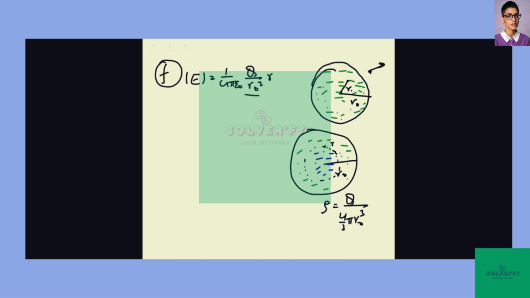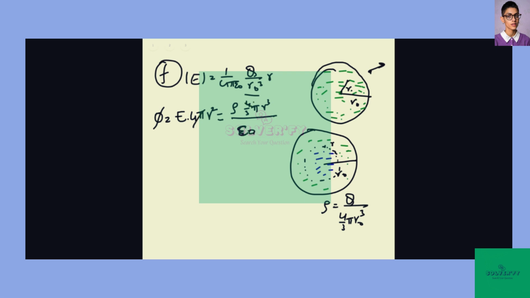So on this Gaussian surface, we can see that the flux would be electric field times area, and the area would be 4 pi r squared. But this is equal to q by epsilon naught, where q is the enclosed charge. The enclosed charge would be rho times the enclosed volume, which is 4 by 3 pi r cubed, divided by epsilon naught.